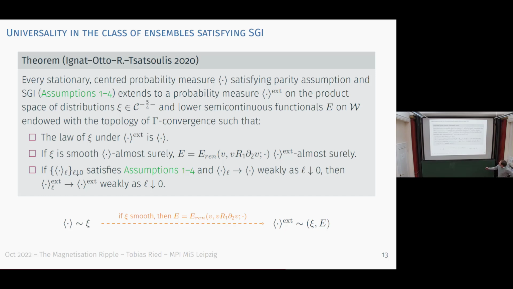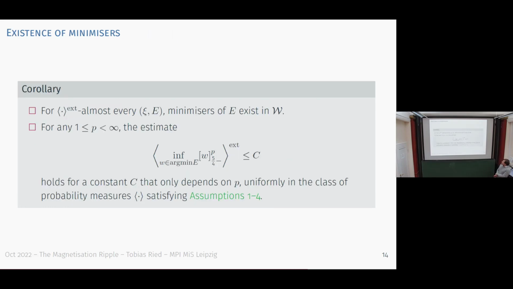And again, this is consistent in the sense that if Xi is a smooth realization, then we coincide with the classical setting where this V R1 D2 V is classically well defined. As a corollary, we get existence of minimisers.